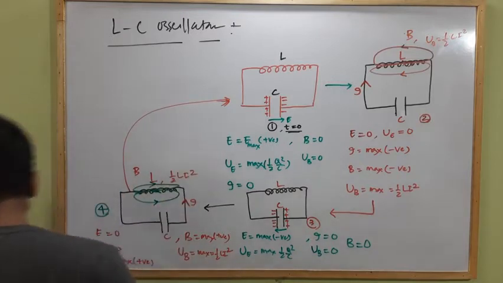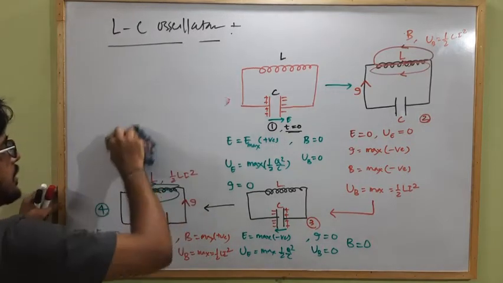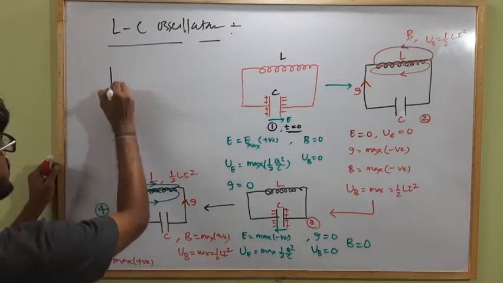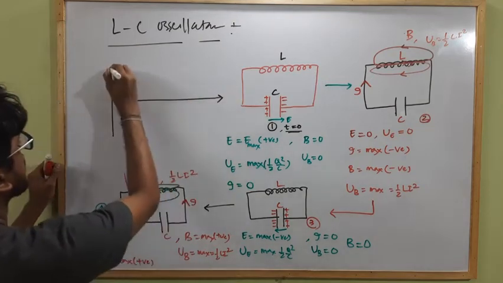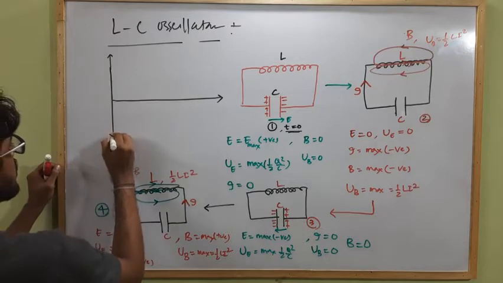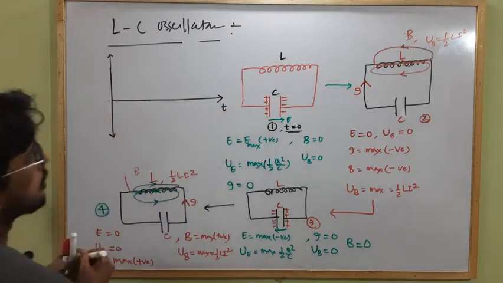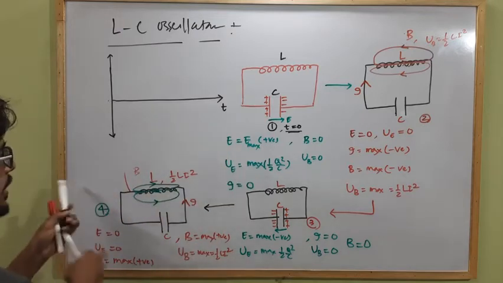And if we plot the graph of everything, it will be like this. With respect to time, if I am plotting the graph, let this be t. So first I am plotting the graph for E. What will E be?